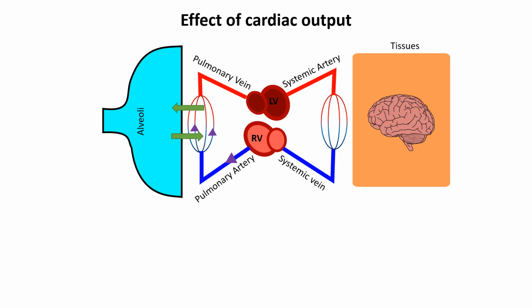The anesthetic is then carried in oxygenated blood via the pulmonary vein to the left atrium, and subsequently pumped by the left ventricle into systemic circulation. Cardiac output is therefore responsible for pulmonary blood flow, which governs anesthetic uptake, as well as systemic blood flow, which distributes the anesthetic to peripheral tissues, including the brain.